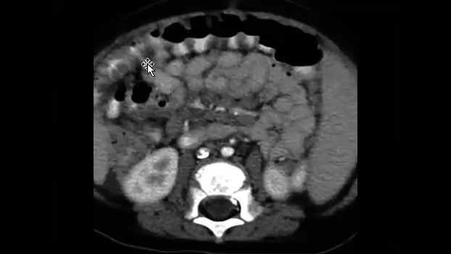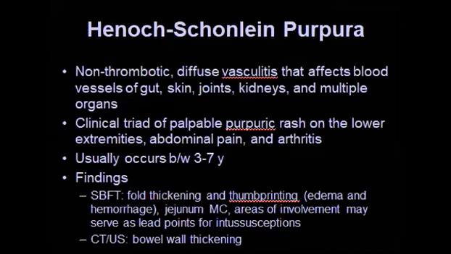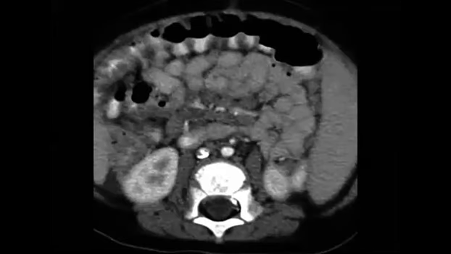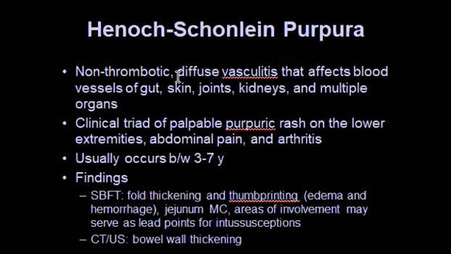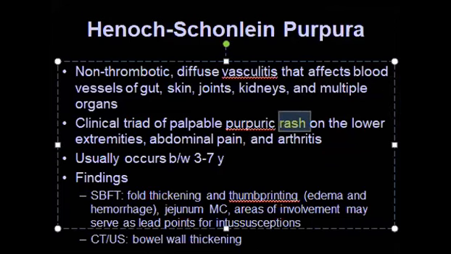So the colon has thickening as well as the duodenum, and you can see the lymphadenopathy here and splenomegaly. So this is what's called Henoch-Schonlein purpura. Remember that when you see fold thickening in the mucosa of the duodenum or the colon, and this patient presents with maybe renal disease, maybe lymphadenopathy, splenomegaly, you are talking about Henoch-Schonlein purpura with this rash. The main age is 3 to 7 years, with thickening and thumbprinting. So put it as a differential when you have thumbprinting in pediatrics.